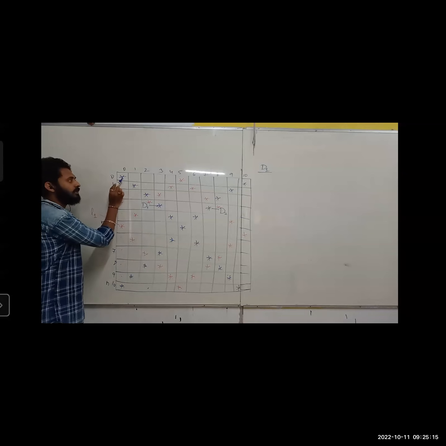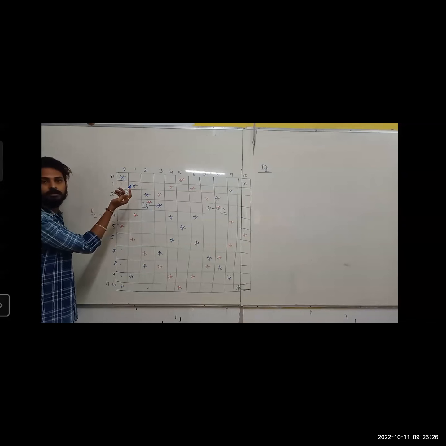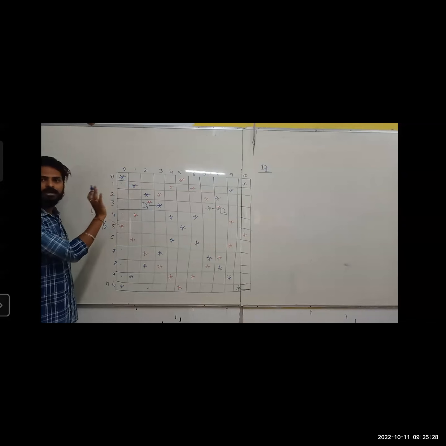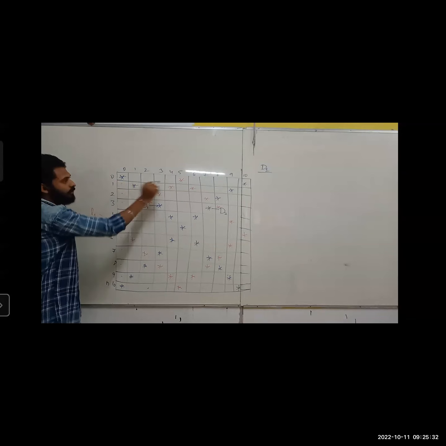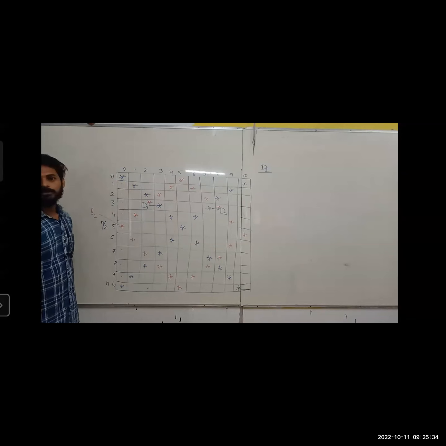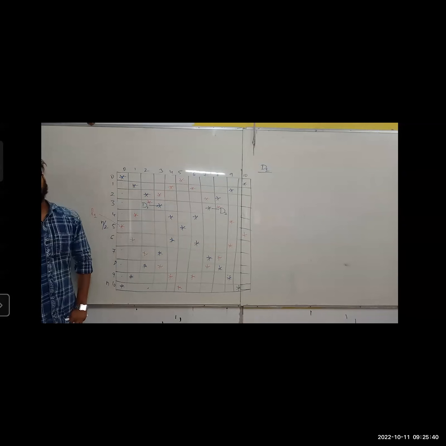When I consider this particular star, and I ask you what is the value of this star? I equal to 0. Why, is only I sufficient? When you say I equal to 0, this complete row will get selected. So what all do I need? I need I as well as J. So 0, 0.